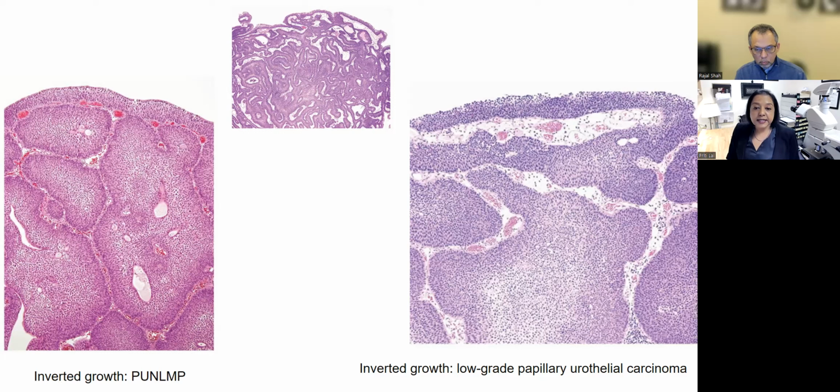The good thing is, the majority of the low grade papillary urothelial carcinoma with inverted pattern of growth will have a well-formed exophytic component. Similarly in inverted papilloma as well. And so that's one point to contrast with inverted papilloma. So inverted PUNLMP and inverted low grade will have an exophytic component in the majority of your cases.